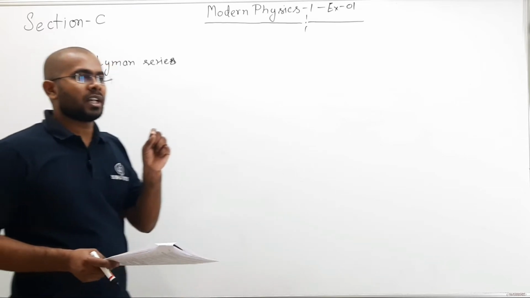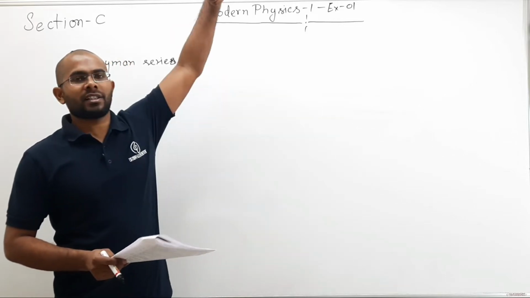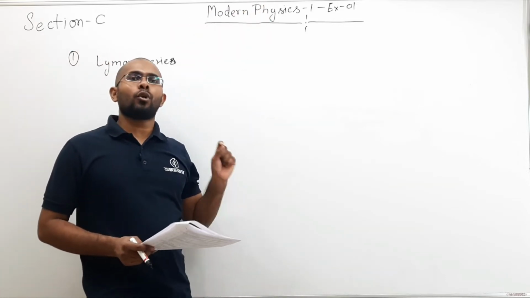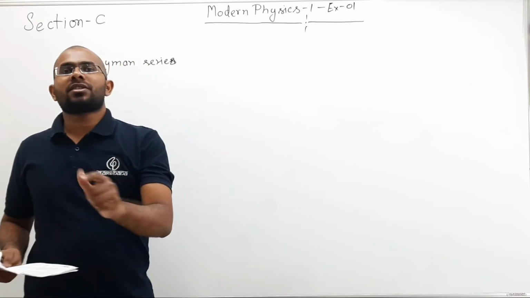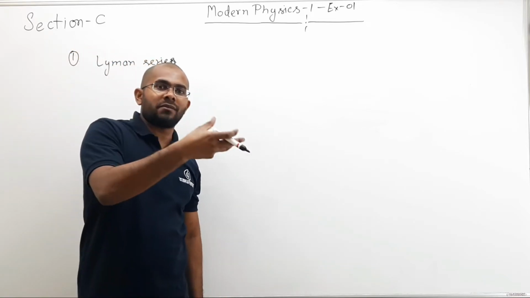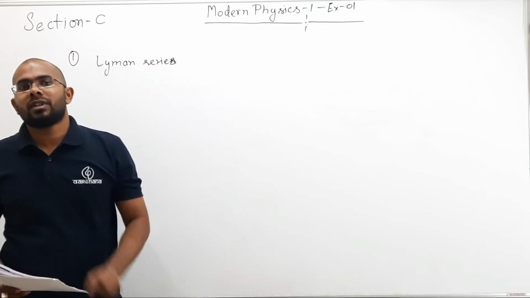Now ground state has the lowest energy and the higher energy are other states. So if you jump to the lowest possible energy state, then electron will emit some photon, and that photon will be highest energy possible.